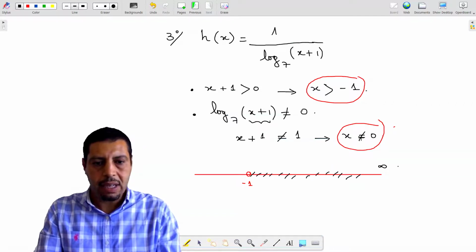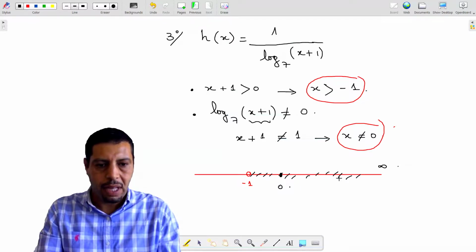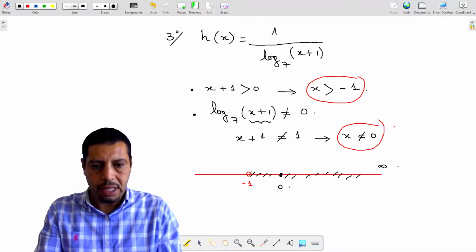And then x not equal to 0, but the 0 is somewhere around here, okay? So you have a first interval combined with a second interval. So the domain here will be the set of all real numbers starting from negative 1, not included, to infinity, except 0.